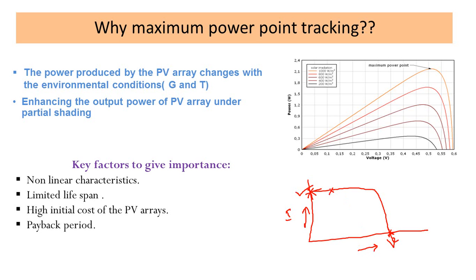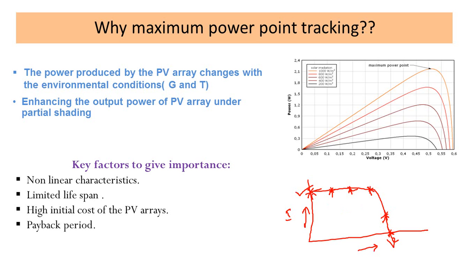Each point is a possible operating point, as if on a motorbike you can go at 20 km per hour, 40, 50, or 90 km per hour. But to reach the destination faster, you have to go at the greatest speed.